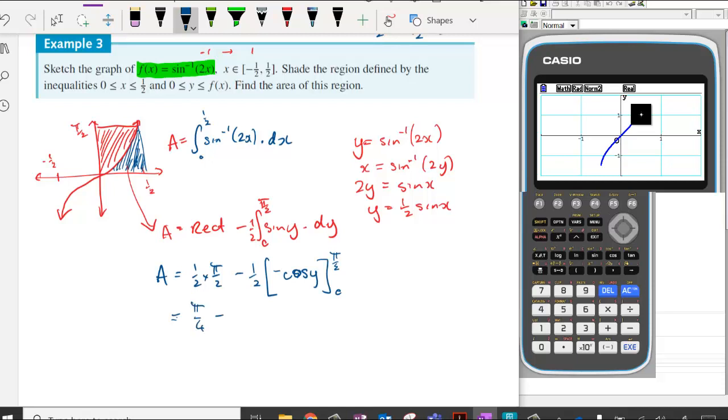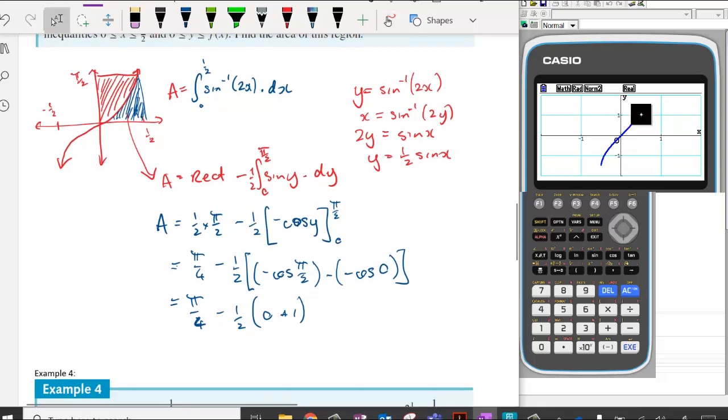So we've got pi on 4, subtract 1/2 of negative cos pi on 2, subtract negative cos of 0, pi on 4, subtract 1/2 of, now cos pi on 2 is 0, so we've got -0, which is 0, and cos 0 is 1, so we've got -1, which is +1. So we end up with an area of pi on 4, subtract 1/2 units squared.